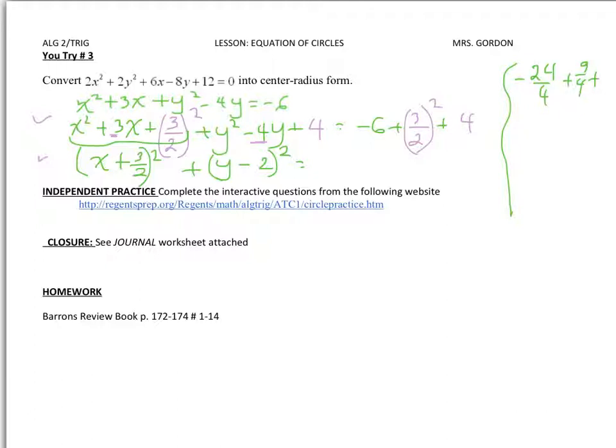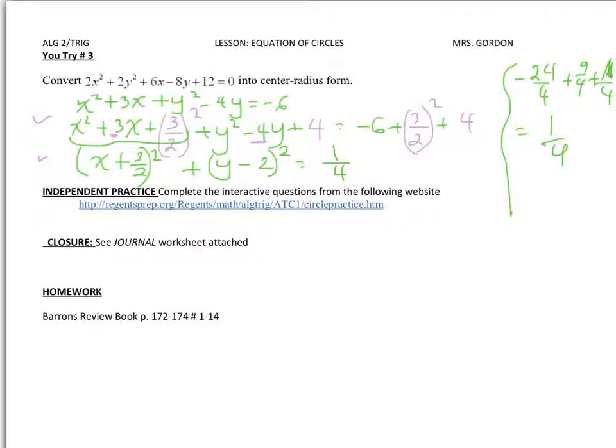And then 4 can be written as 16 over 4. And if we add the numerators, we have 1 over 4. Alright, so now we have our squared being 1/4. Now 1/4 is also a perfect square.